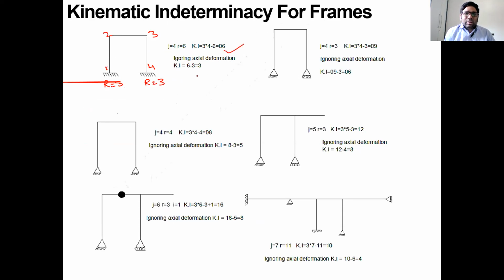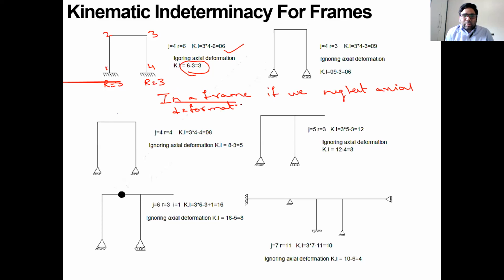So 3j minus r will be 6. So ignoring axial deformation, we will get 3. So always in a frame, if we neglect axial deformation, it is inextensible. Of course, in beams also it is the same, but concept wise.